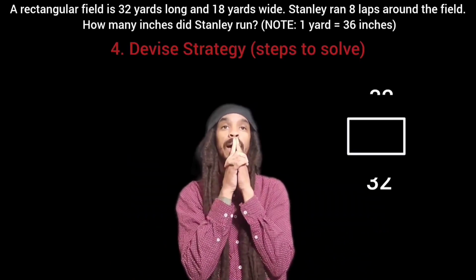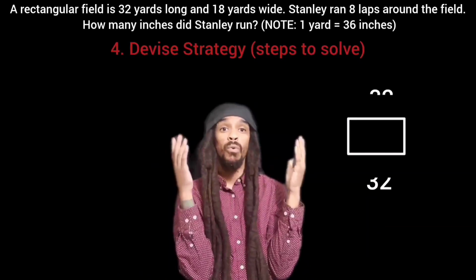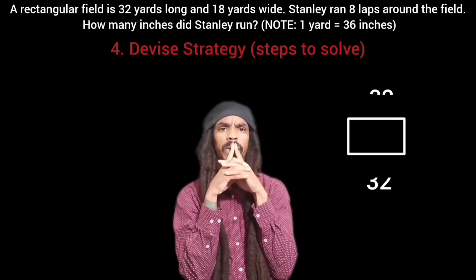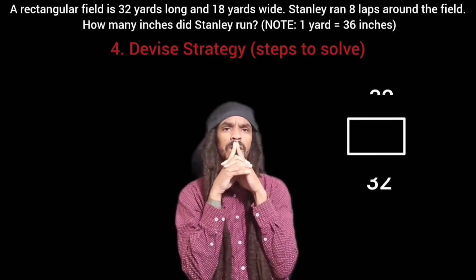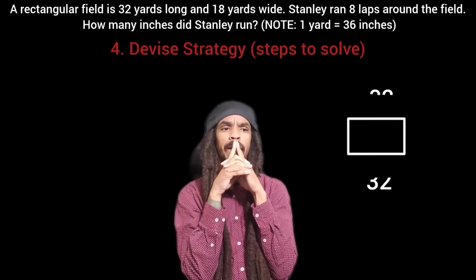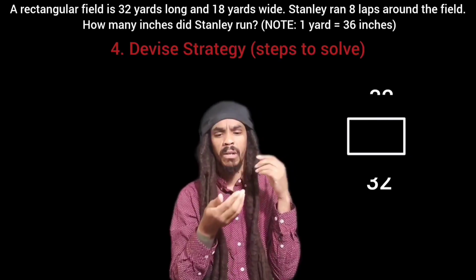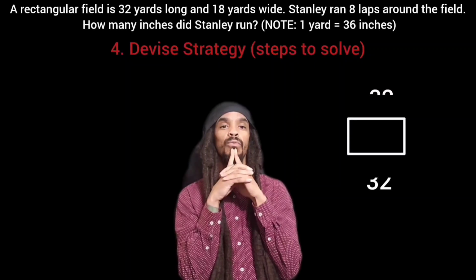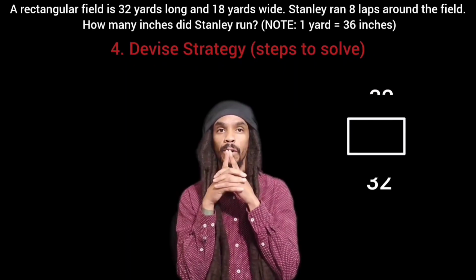So first of all, I think I need to find out the total. What is the total amount that Stanley ran in yards? We need to figure that out first. So I want to find the perimeter of what Stanley ran as far as yards first.